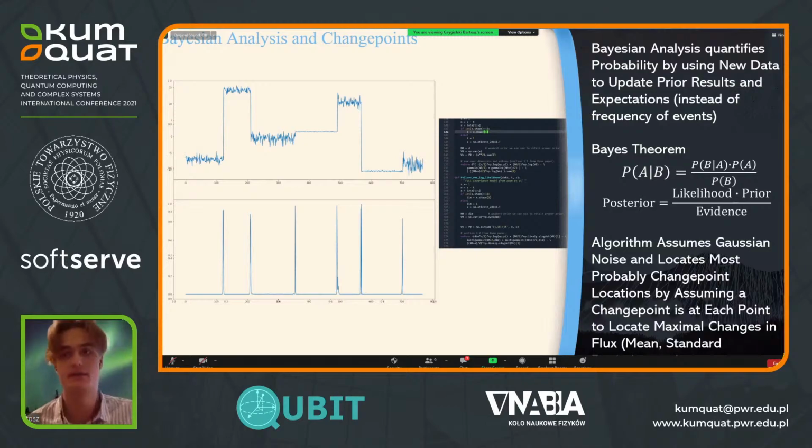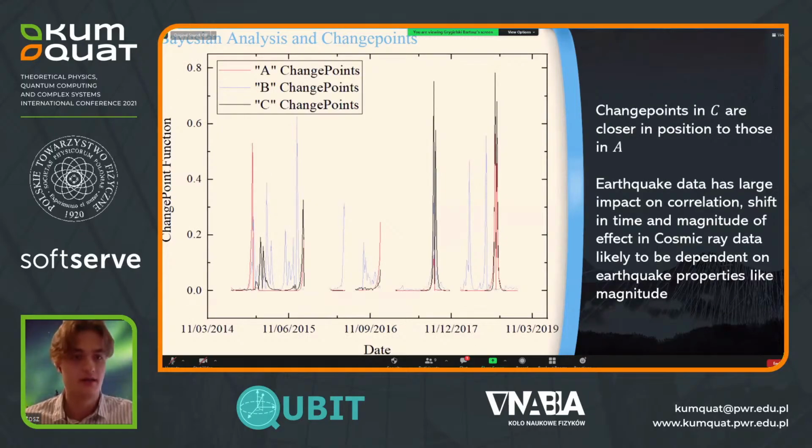It's mostly based on change in the standard deviation and mean, again, and worked well for the more complex signals as well. And yeah, we plotted the whole data with change points, and we realized that the correlation function change points were closer to the earthquake data. So we concluded that it might have some impact.